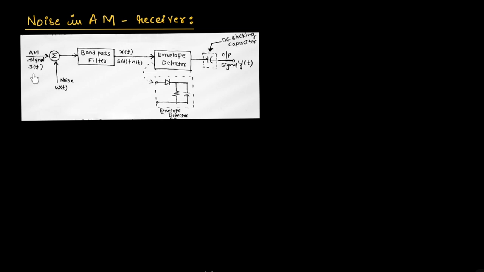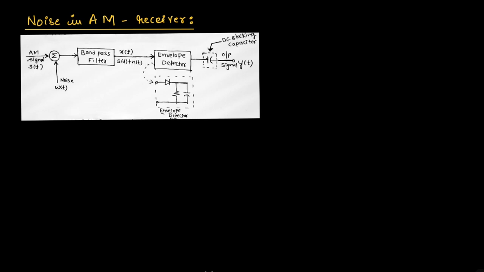As we can see here, S of t is the amplitude modulated signal, and W of t is the wideband noise which gets added to the modulated signal while transmitting it. Then a band pass filter is used to reduce the frequency of the incoming noise, and it makes the wideband noise a narrowband noise.